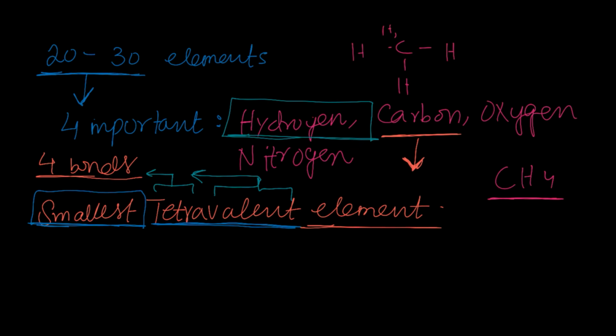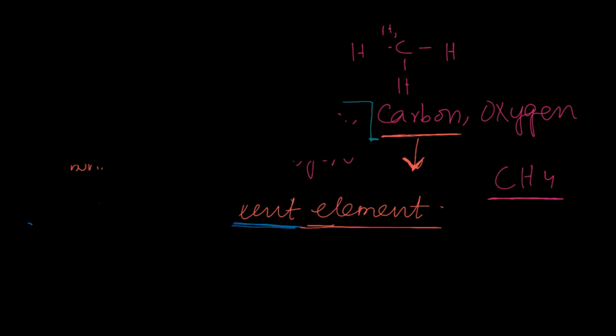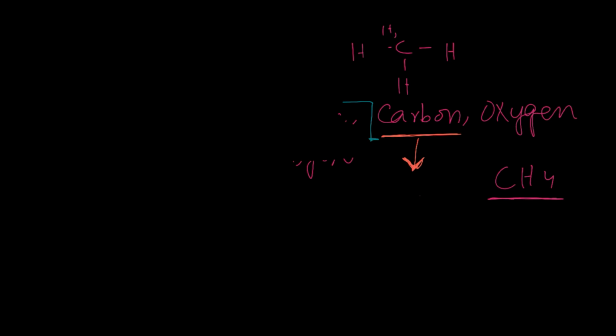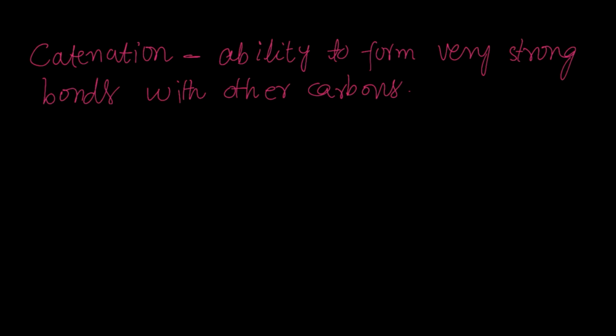Now the second property which makes carbon a unique element is that it shows catenation. Now what is catenation? Catenation refers to the formation of very strong bonds with other carbons.